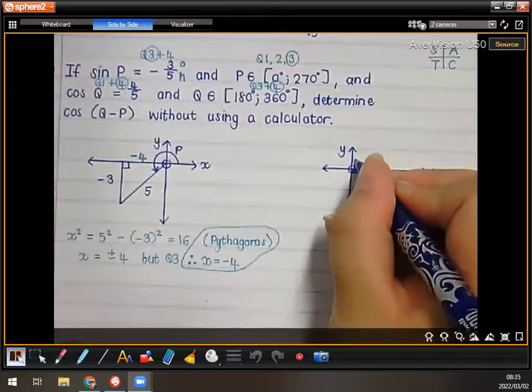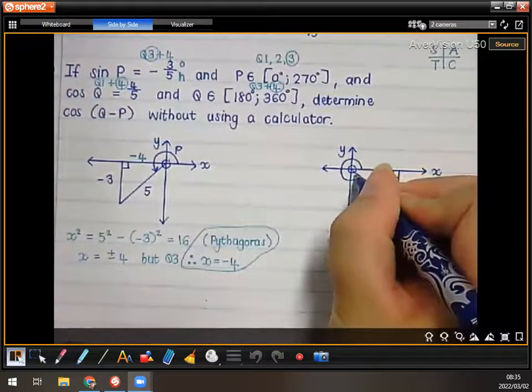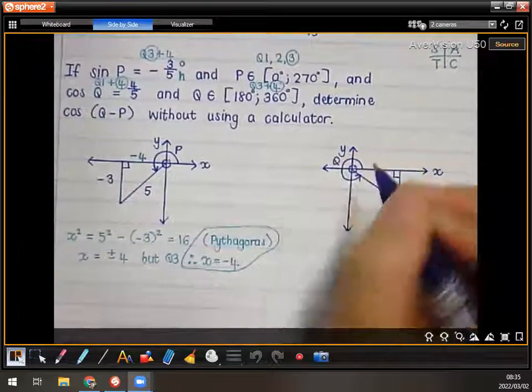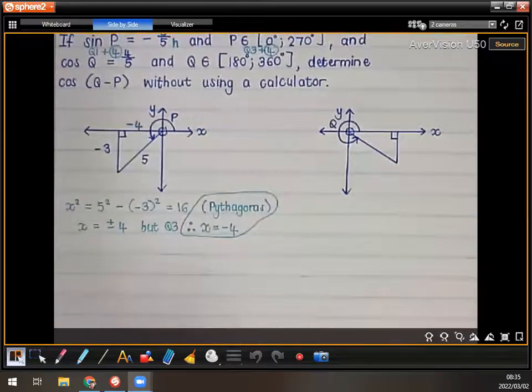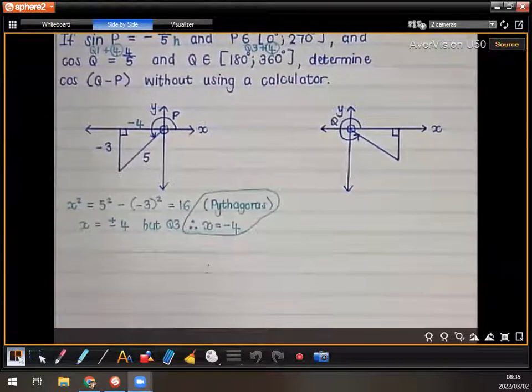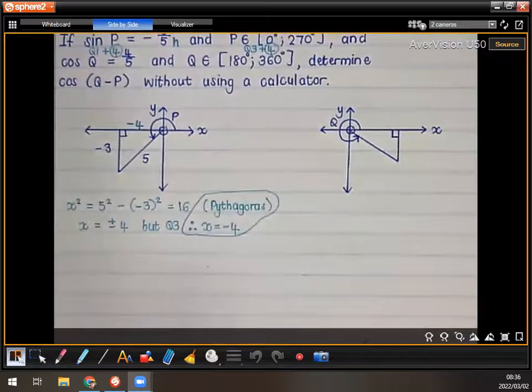You're going to go from 0 all the way to that line. That is now angle Q. There isn't really a reason for this triangle being shorter than the other one. It just happened like that.